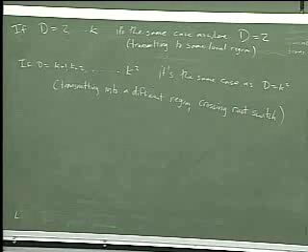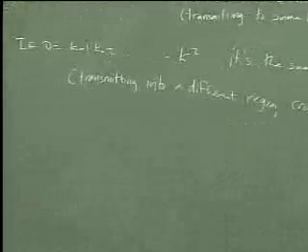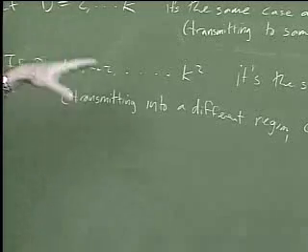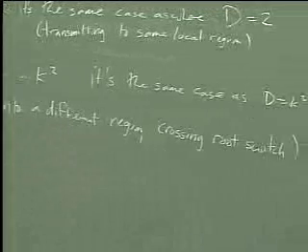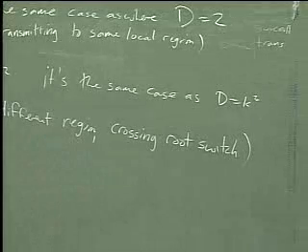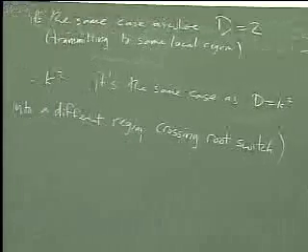We looked at the case when d equaled 2 and when d equaled k squared. There was also the case when d equals 3 and 4 and 5 and 6. All those other cases, from d equals 2 to k, are the same as the case where d equals 2. All the cases for k plus 1 to k squared are the same as the case when d equals k squared.